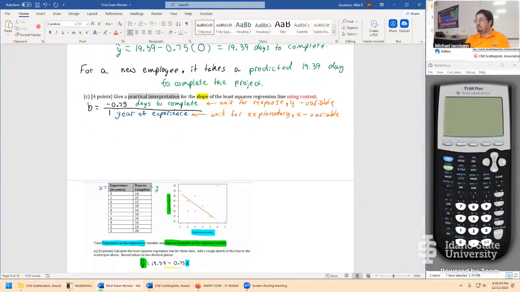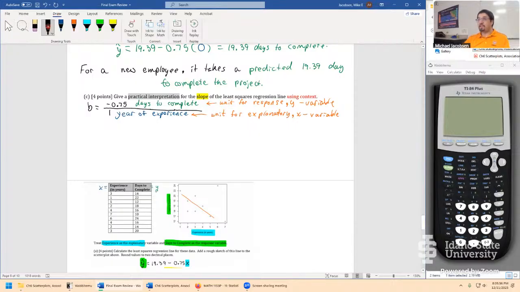So we read this out, not too different from how you might read out a confidence interval result or the result of a hypothesis test, giving a practical interpretation.